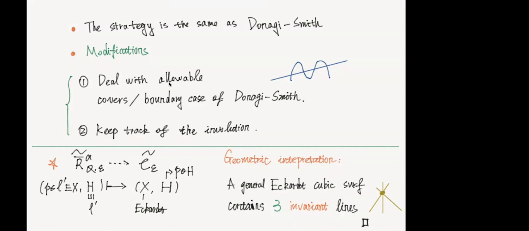But at the end of the day, we can identify the map between exceptional divisors as follows. So for this C, epsilon means the Eckardt, right? So for this C_E tilde, we can think of them as the Eckardt cubic threefold together with a plane which is passing through the Eckardt point.